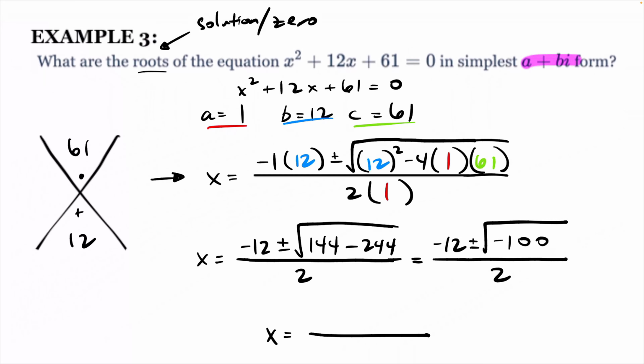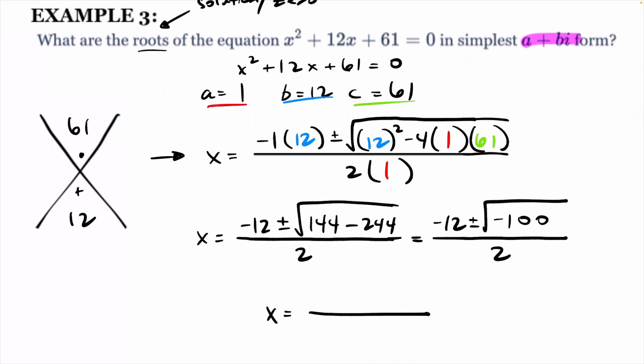All right, so what is the square root? Yeah, 10i. You notice how we already have a plus and a minus there? That's why it's there, because the quadratic formula knows you're going to need 2 of these, so 10i.